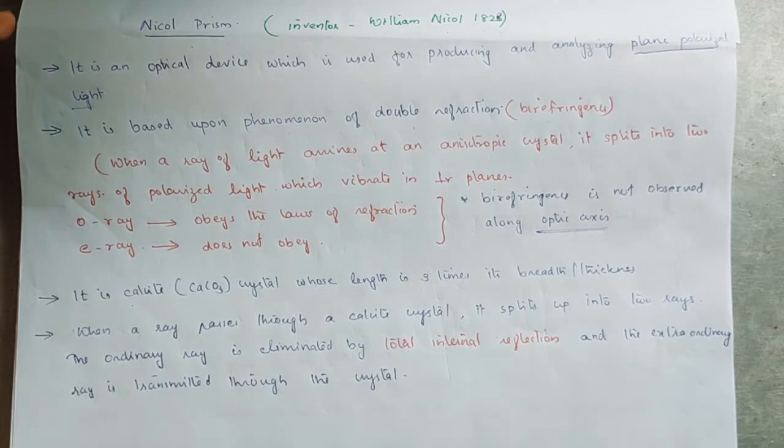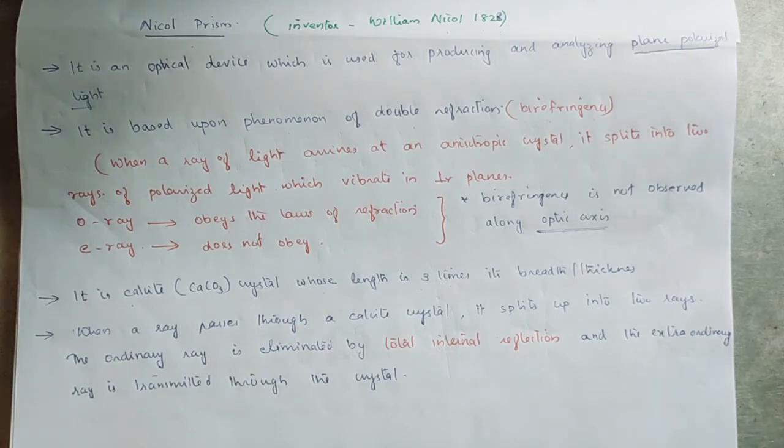From the method of refraction, we can generate plane polarized light by using a pile of plates. But in these methods, we can generate plane polarized light with a low percentage of polarization, or the intensity of the polarized light is poor.